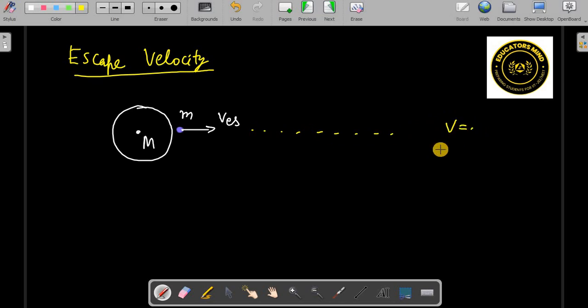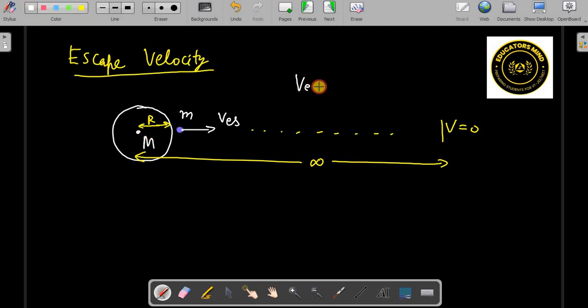Its velocity becomes 0 and the distance becomes infinity, right? It was projected from a distance of r from the center of Earth. So we calculated by energy conservation that escape velocity is root under 2GM by r, or in terms of g, root under 2gR.